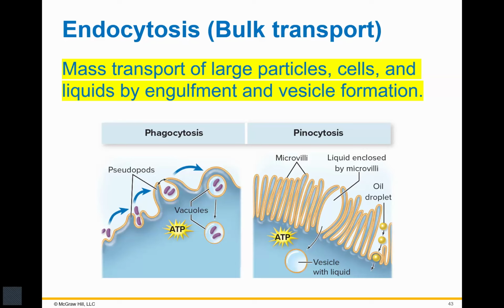Phagocytosis, where you are moving bulk solid particles. And the cell is always going to use vesicles to be able to move these bulk particles into the cell. Pinocytosis is when we are moving bulk liquids. It also uses vesicles which engulf around the liquid and help move it into the cell to be able to use.